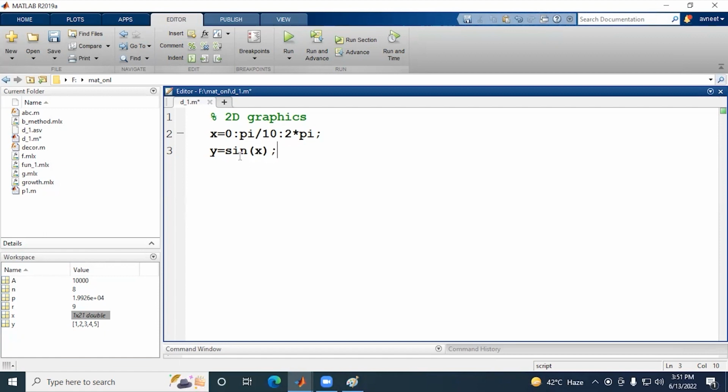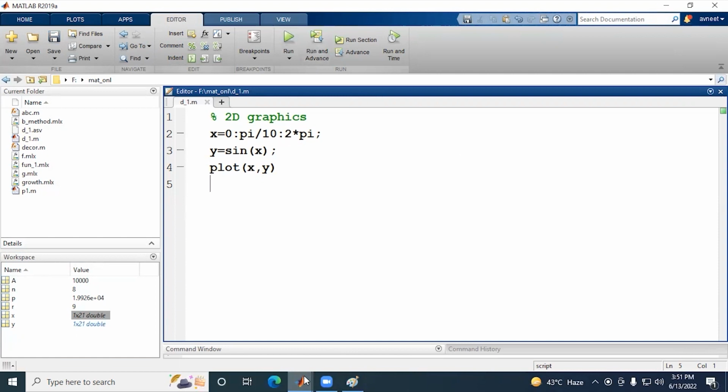The values of sine at the different points will be calculated and stored in y here. And now I'm going to plot it, plot x comma y.